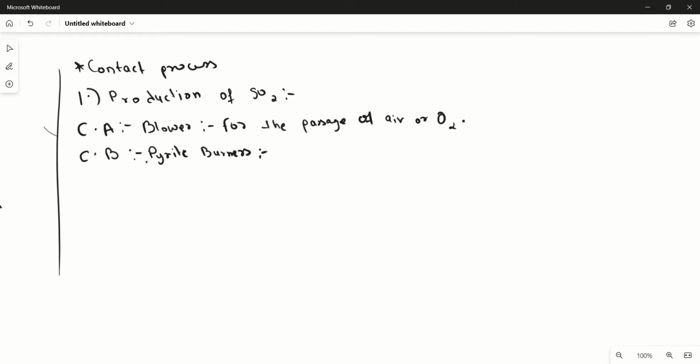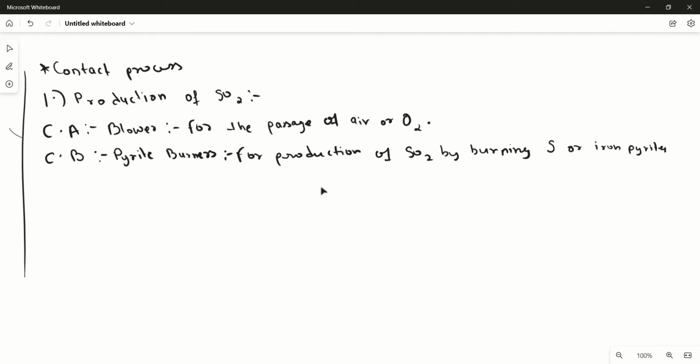For production of sulfur dioxide by burning sulfur or iron pyrites. By burning sulfur or iron pyrites, SO2 has been produced.